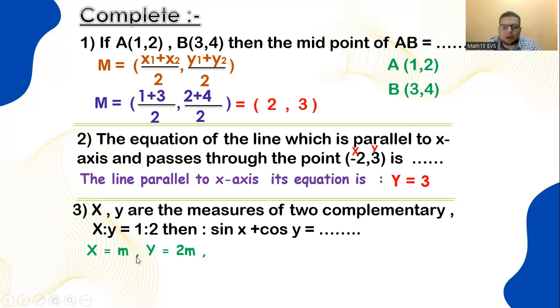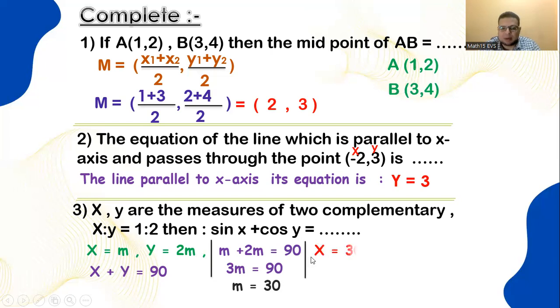The sum of 1m and 2m should be 90. So 3m equals 90, then m is 90 divided by 3, which is 30. So x is 30 and y is 2 times 30, which is 60.